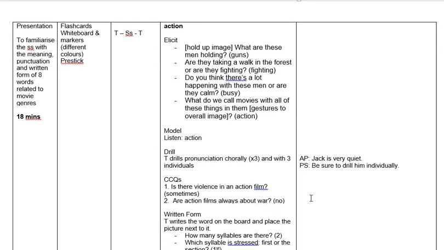Now, an anticipated problem here, in terms of the pronunciation, might be that instead of the "sh" sound, students might pronounce it as a "ti." Sorry, an "si."